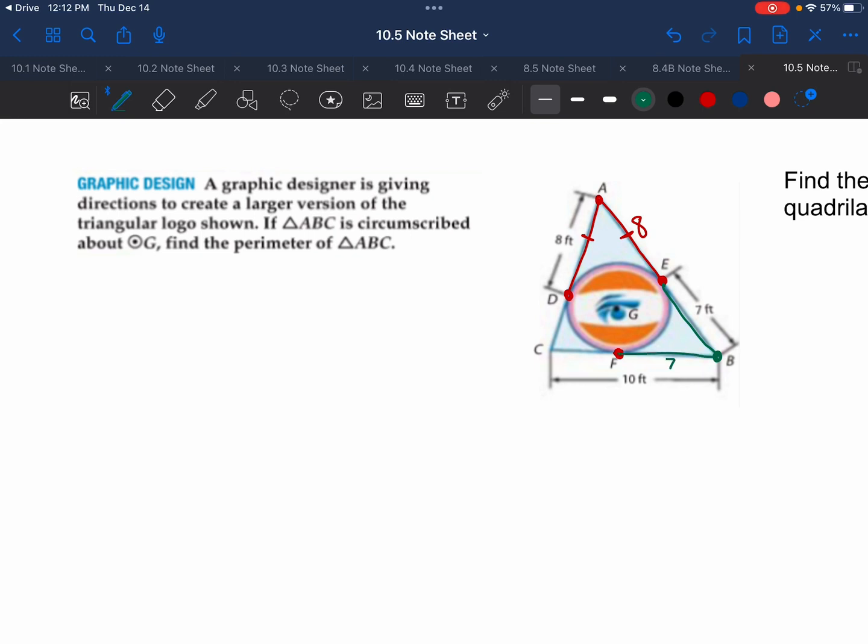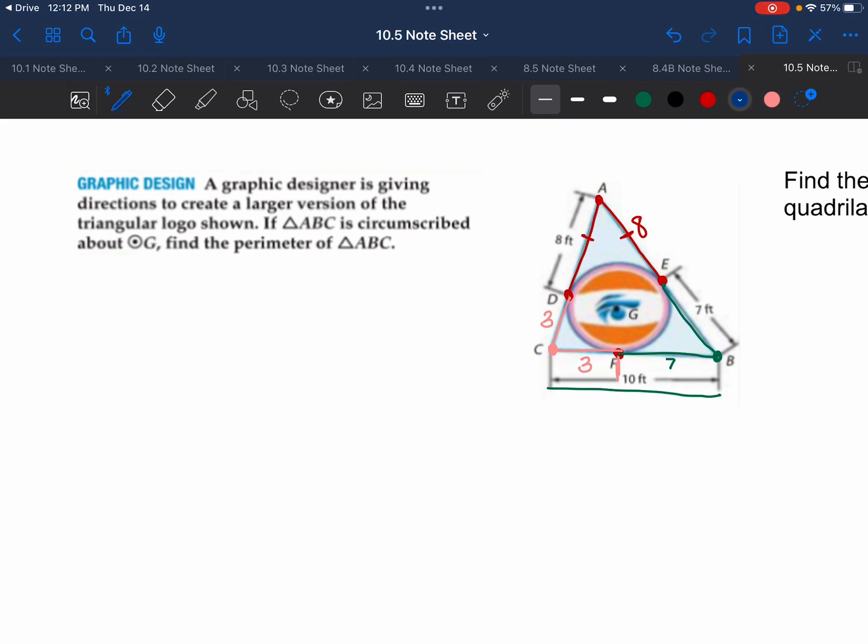And we're told this entire side is 10. I think that's going to help us on this next part, because for C, we don't know CD or CF. But since BF is 7, 10 minus 7 would be CF. So CF is 3, so CD is 3.